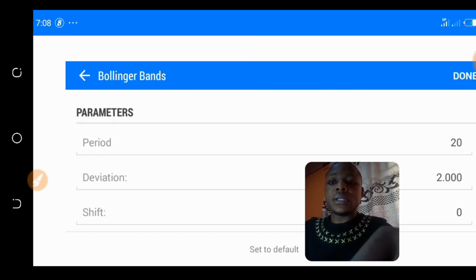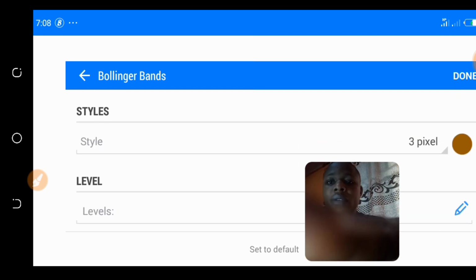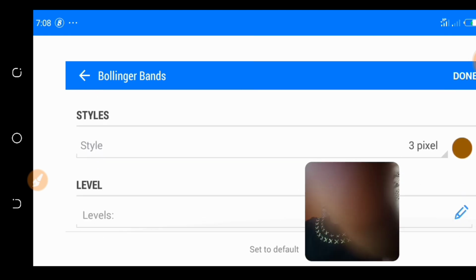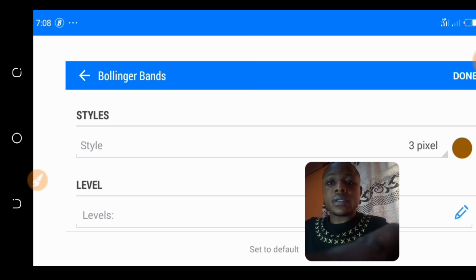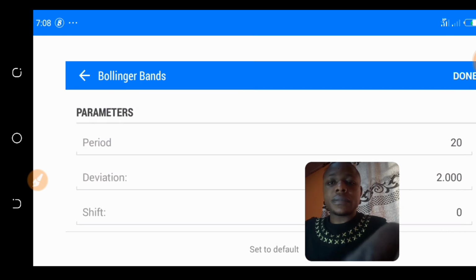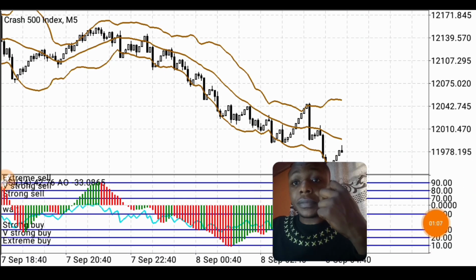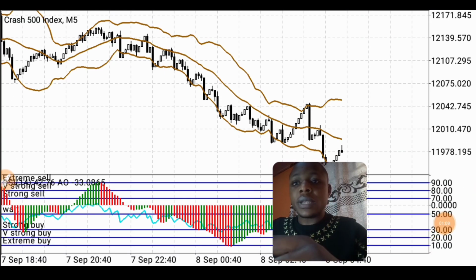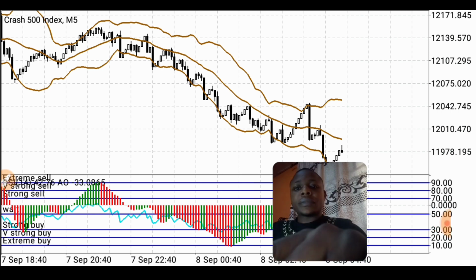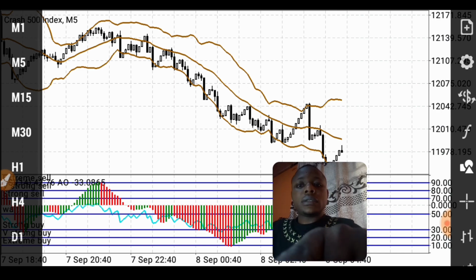Just leave the Bollinger Band on default settings. Done. That's the Bollinger Band.